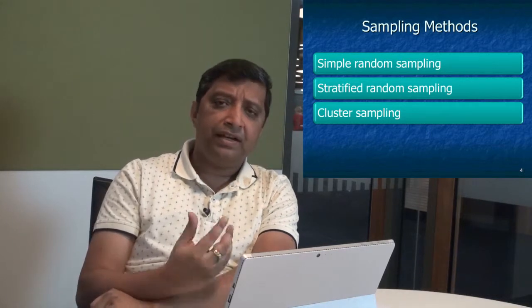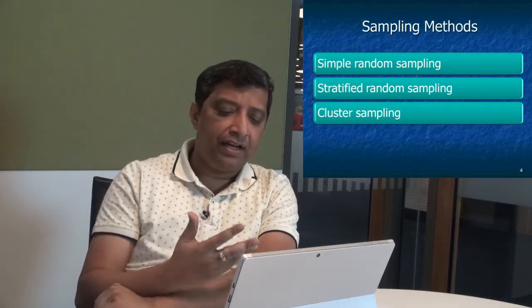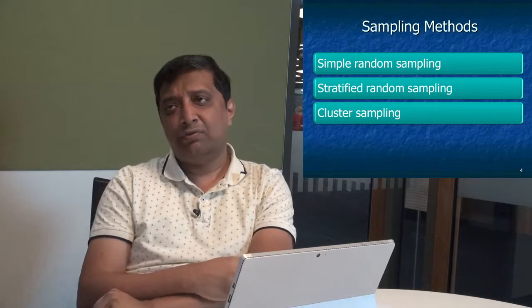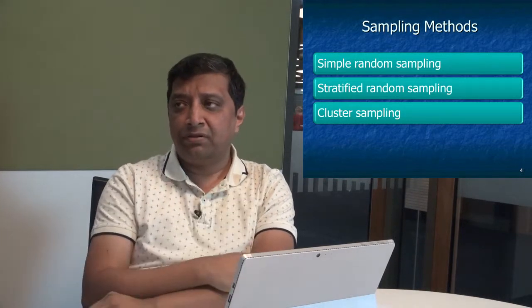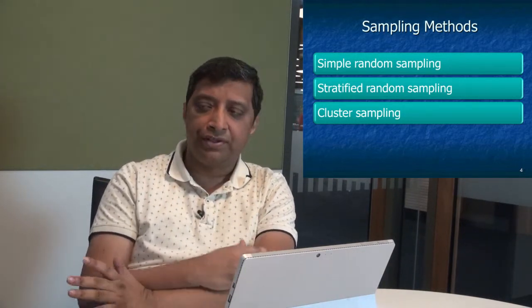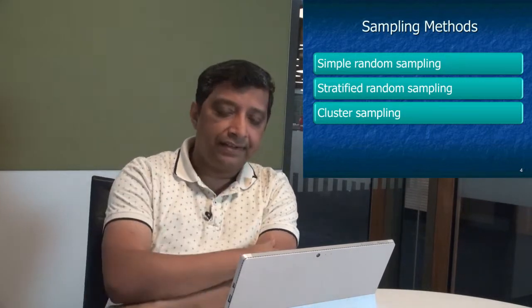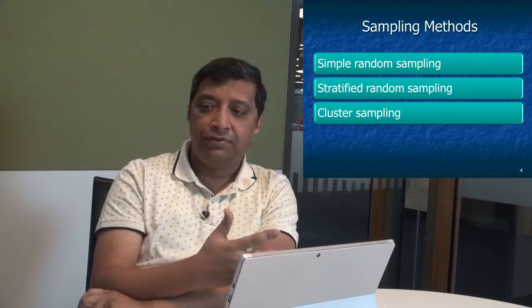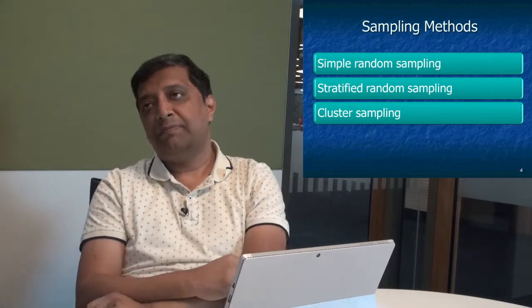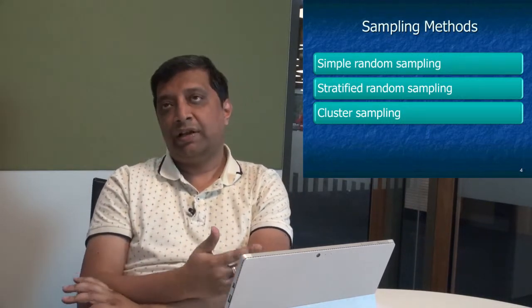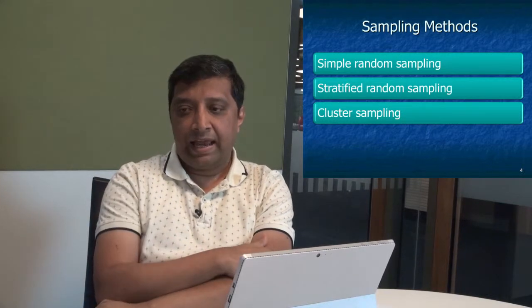There are other variations of random sampling, like stratified random sampling. For example, let's say you are running a department store and you want to know about the credit card usage habits of your customers. You may have reason to believe that people's credit card usage habits would differ based on their age or their income.